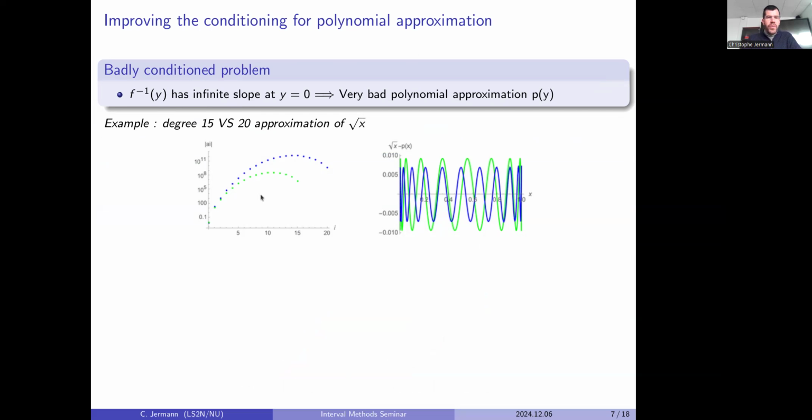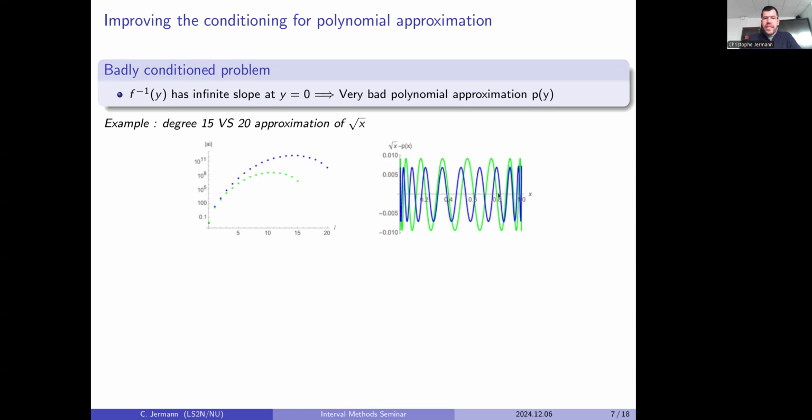Here we consider the approximation of square root of x, which is the inverse of x squared, at 2 different degrees, 15 and 20. You can see the distribution of the coefficients a_i in the polynomial approximation, and the difference in order of magnitude between the largest and smaller coefficients indicates that the evaluation will be very sensitive.